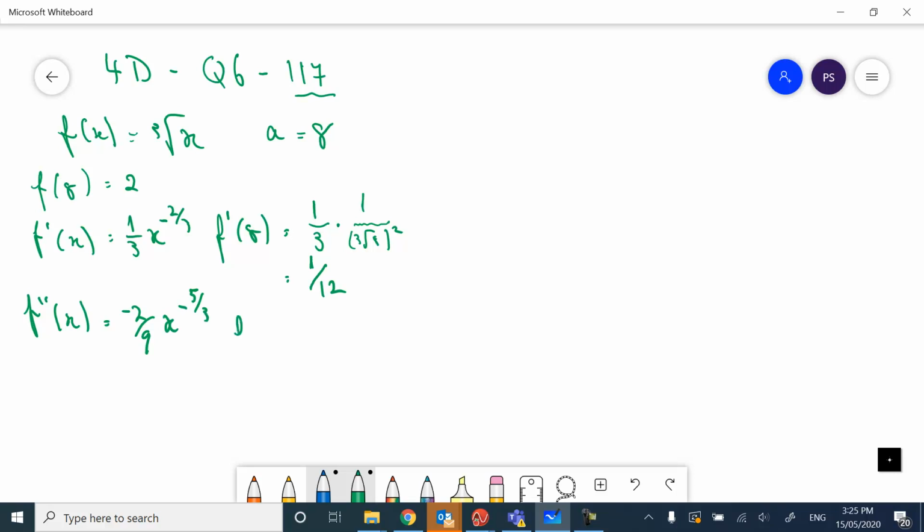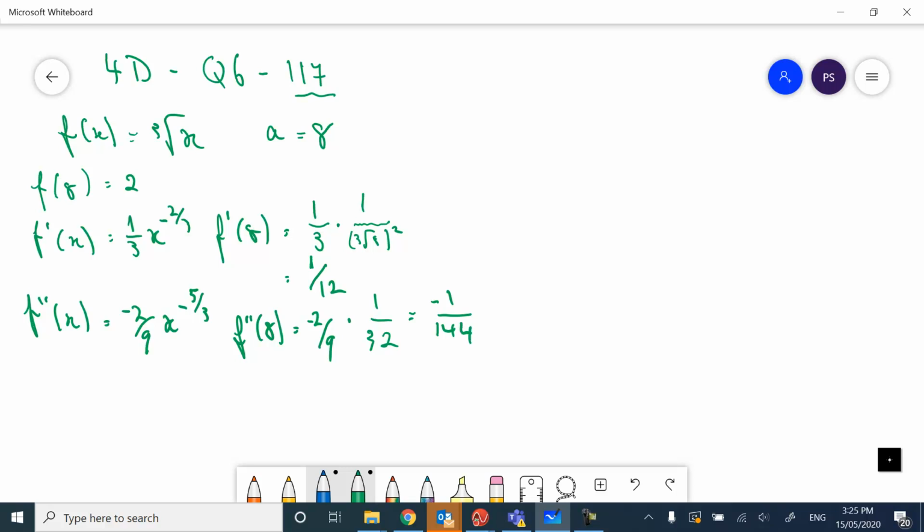Again, f double dash 8, a bit tricky to work out, but we can do it. It's minus 2 on 9, and then we've got 2 to the power of 5, which is 32, 1 on 32, which equals minus 1 on 144.